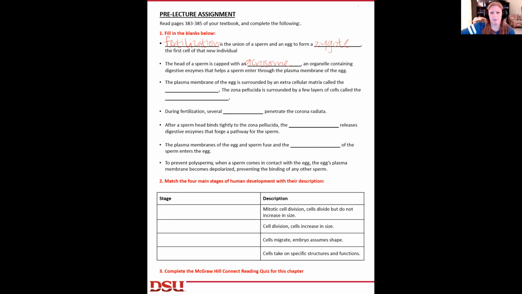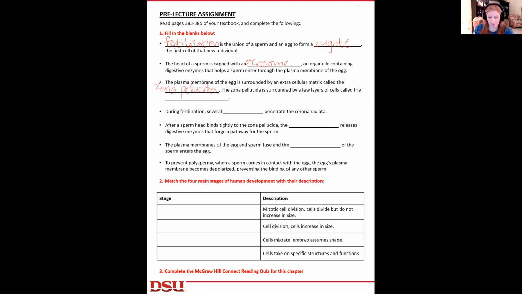The plasma membrane of the egg is surrounded by an extracellular matrix, and this is called the zona pellucida.